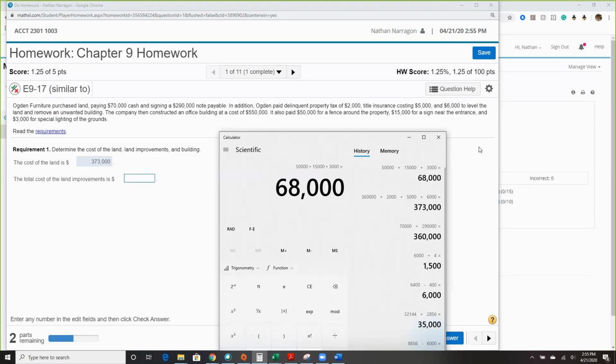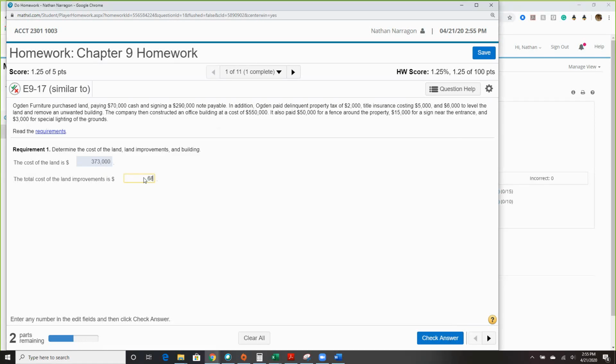So $50,000 for the fence around the property, $15,000 for the sign, and $3,000 for special lighting on the ground. Let's see, $50,000.